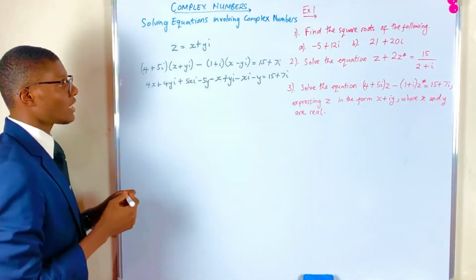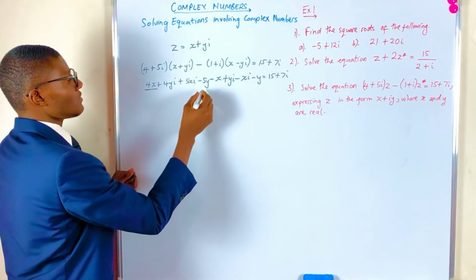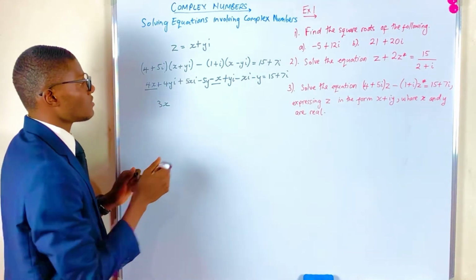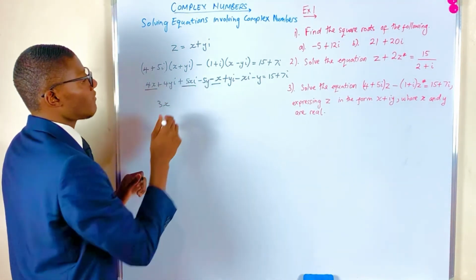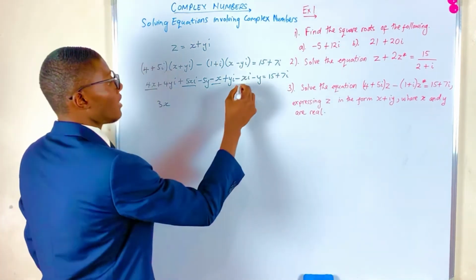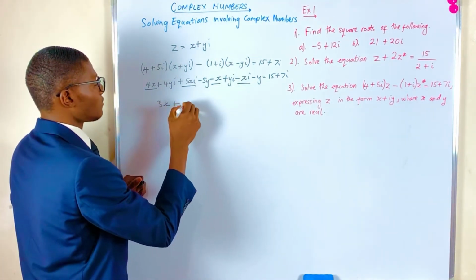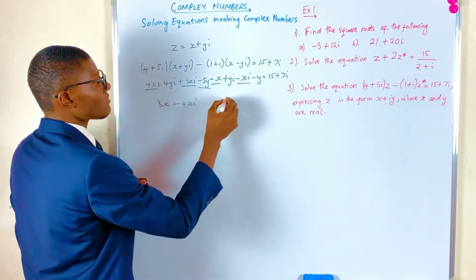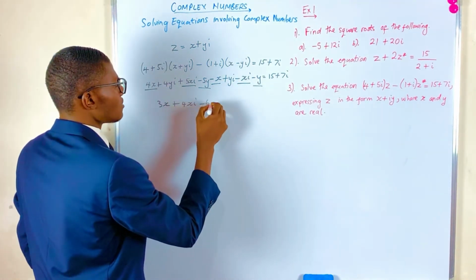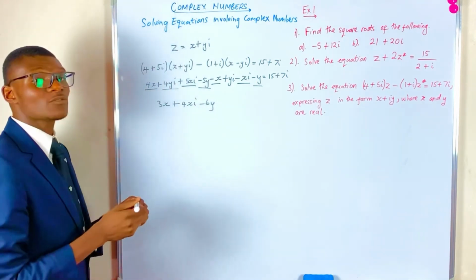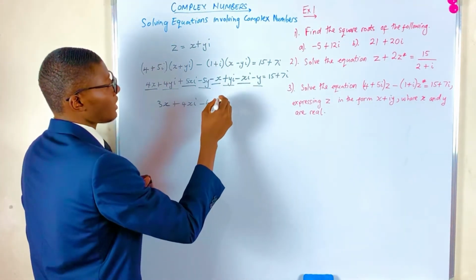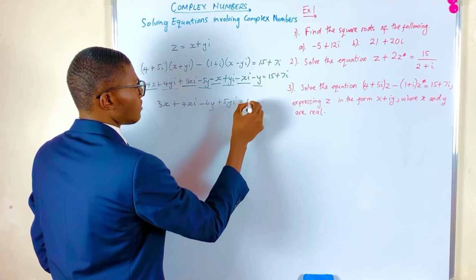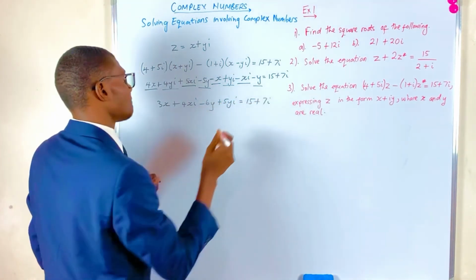So if you collect like terms, 4x minus x gives 3x, and 5xi minus xi gives a plus 4xi, and then minus 5y minus y gives minus 6y, and plus 4yi plus yi gives a plus 5yi, to give us 15 plus 7i.